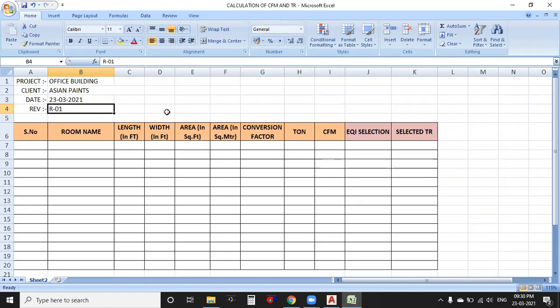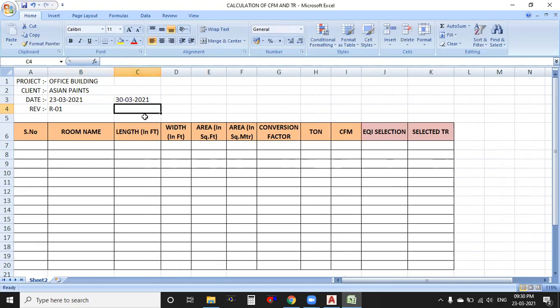After you are working, if any modification happened, then you have to input your date. Maybe after completing your designing and drafting, the client has modified some things, then you have to input your date, maybe 30/03/2021, whatever date, and you have to mention R02, meaning revision 01, revision 02.